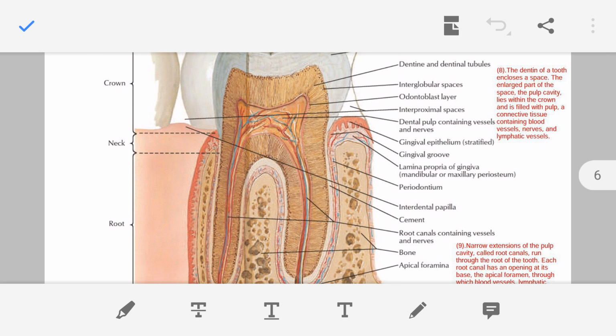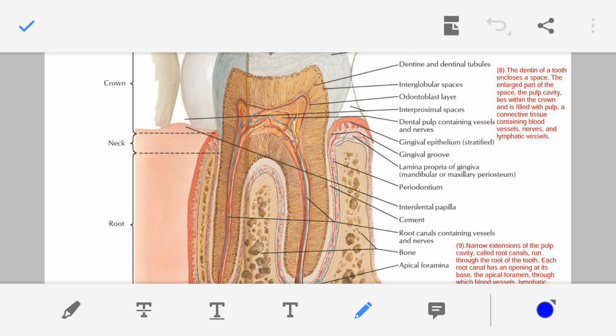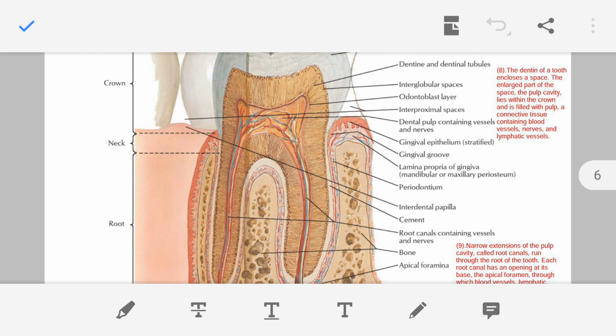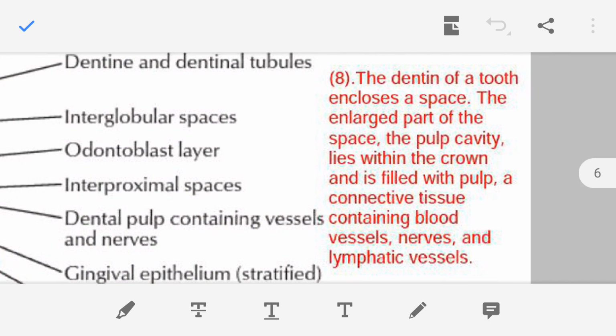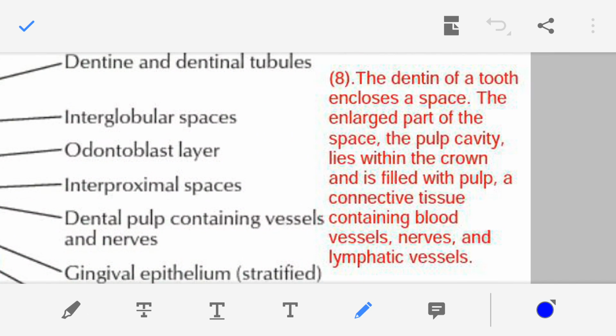So we can say this is the dentine, and dentine is surrounding the pulp cavity. Now what is there in the pulp cavity? In the pulp cavity, pulp is present. And what is pulp?